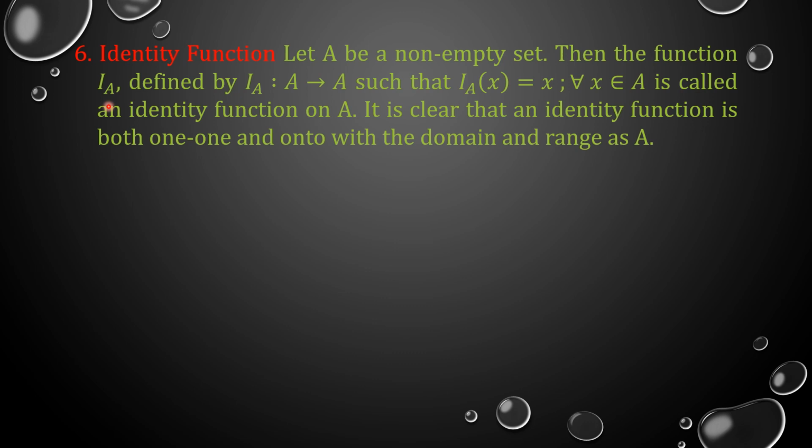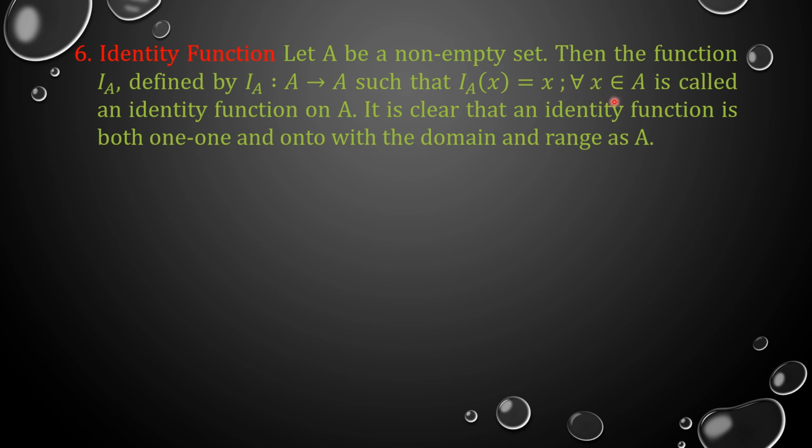If the identity function is defined on the set R, then you are to write IR, like that. Okay, so IA of x is equal to x, meaning image of x is equal to x. So in identity function, the codomain, domain, image and pre-image are equal. Here you see, for all x belongs to A.